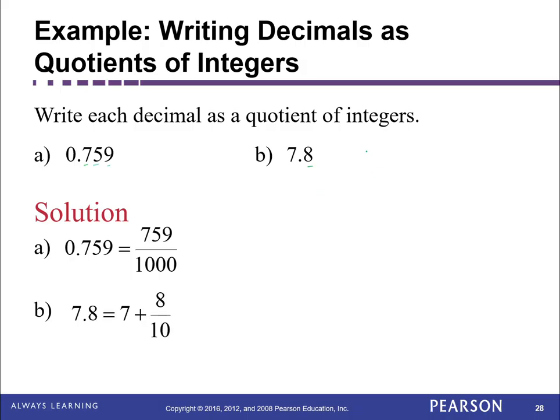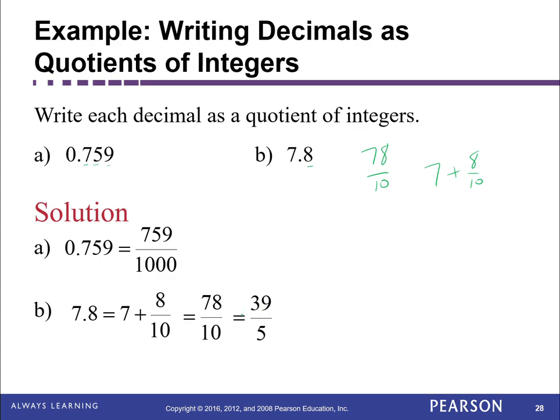You can do it two ways. You could put the 78 over 10 if you want to, or you can write it as 7 plus 8 in the tenths place. Either way, just depends on if you want to write it as a mixed number or if you want to write it as a total fraction there. But do keep in mind that when you write it as 78 over 10, you're going to want to put that in lowest terms.